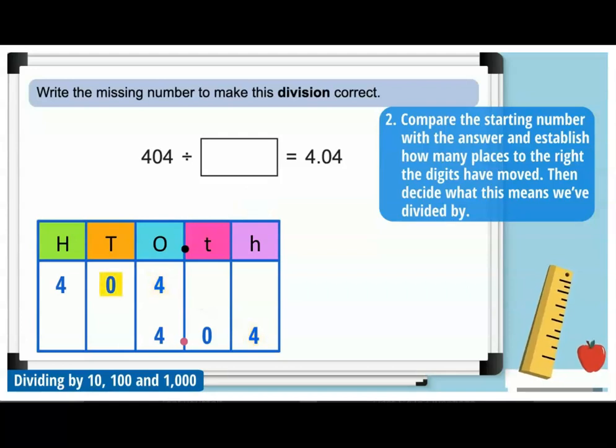The 0 from the tens column has moved 1, 2 places to the tenths column. And the 4 from the hundreds column has moved 1, 2 places to the ones column.